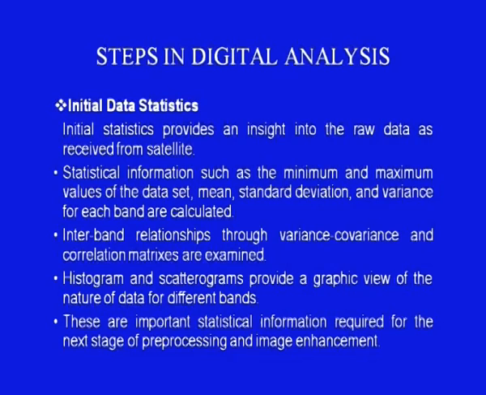First is initial statistics. Initial statistics provide an insight into the raw data as received from the satellite. Statistical information such as the minimum and the maximum value of the data set, mean, standard deviation and variance of each band are calculated.